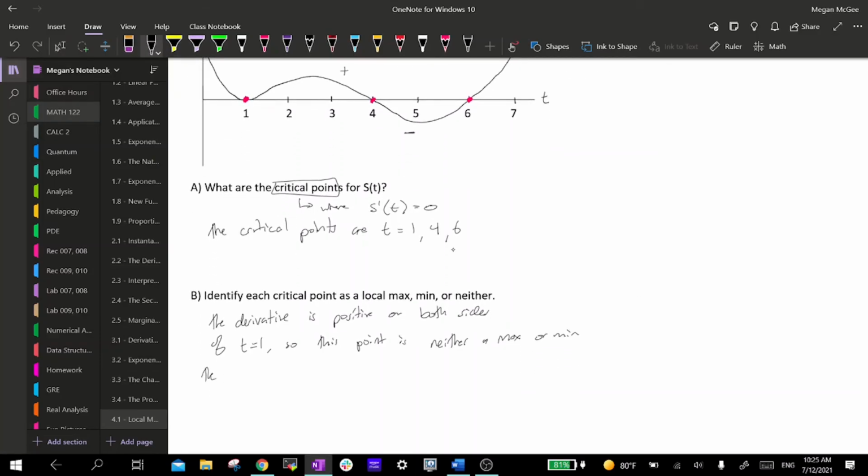So the derivative changes from positive to negative at t is equal to 4. All right, so we have a local max.